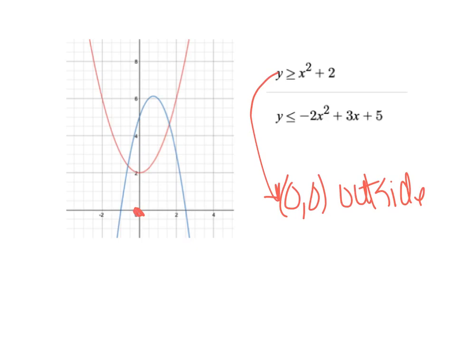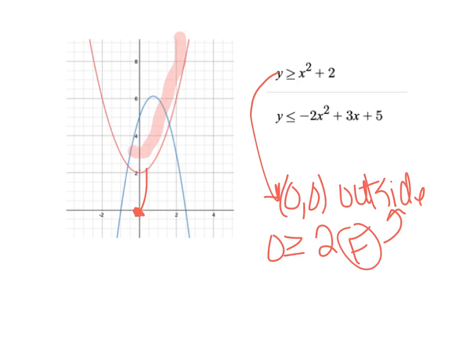The point 0, 0 is on the outside of the red, which means if I put 0 in for that, 0 is greater than or equal to 2. Is 0 greater than or equal to 2? That is false. Since it is false, I'm not shading the outside, I'm going to shade the inside. So the inside of the red is that part right there. So I'm going to shade the whole thing.